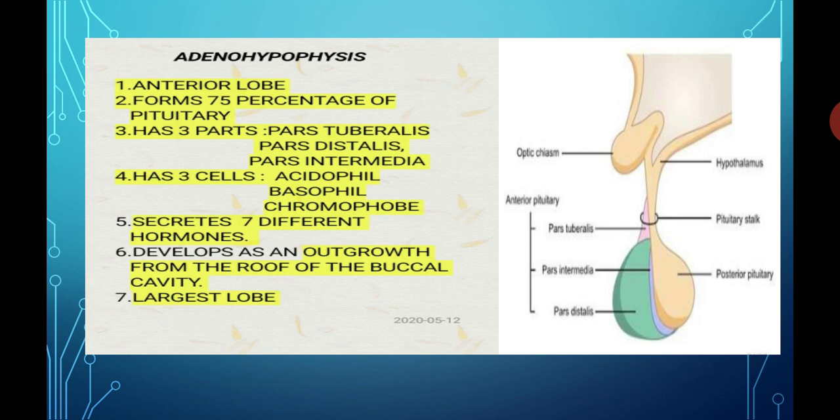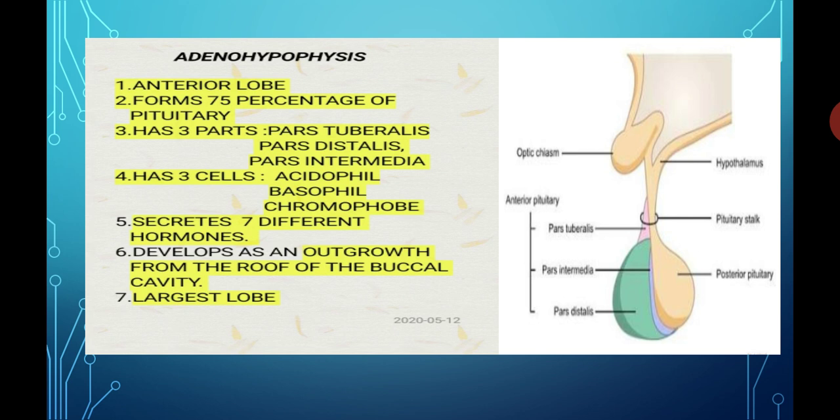Point number 4, it consists of three parts: pars tuberalis, pars distalis and pars intermedia. So adenohypophysis has three parts: pars tuberalis, pars distalis and pars intermedia.